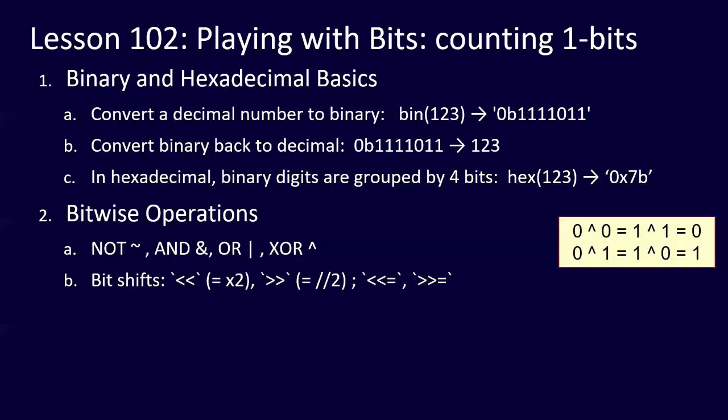And also there are bit shifts. Shifting by 1 bit to the left is equivalent to multiplying the number by 2. Shifting it right by, say, 1 bit corresponds to integer division by 2. It is also possible to define an assignment operation with the assignment operator like this.